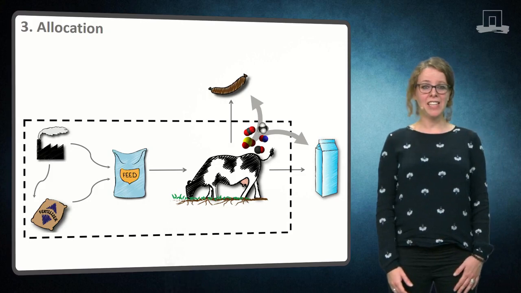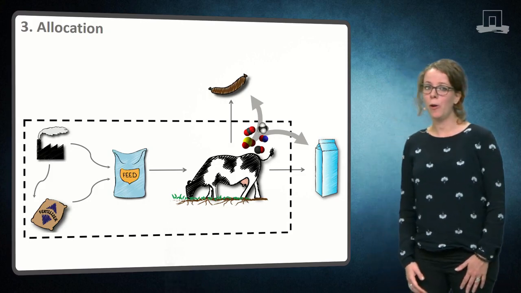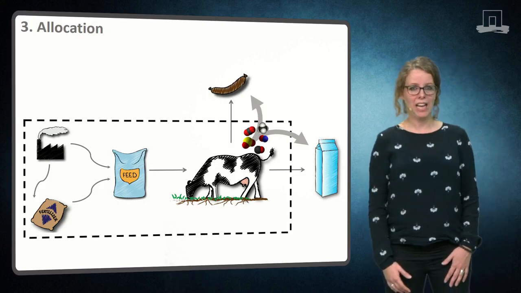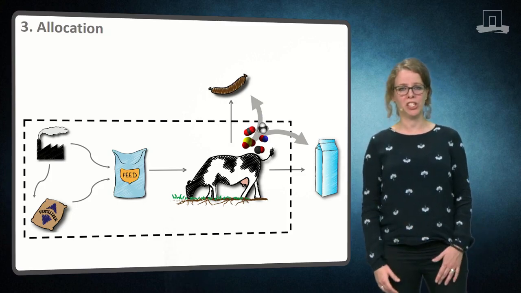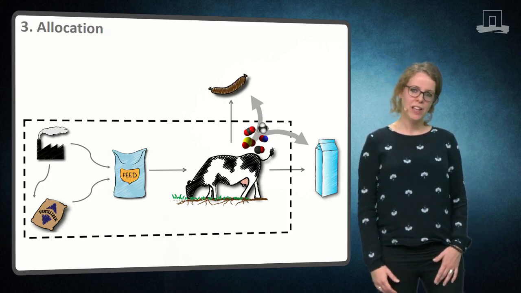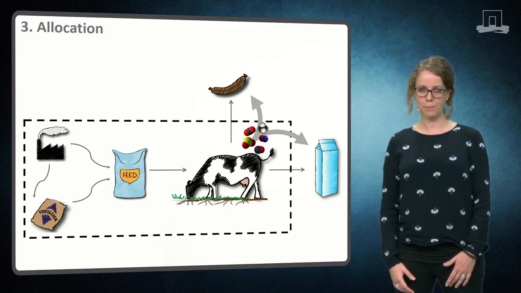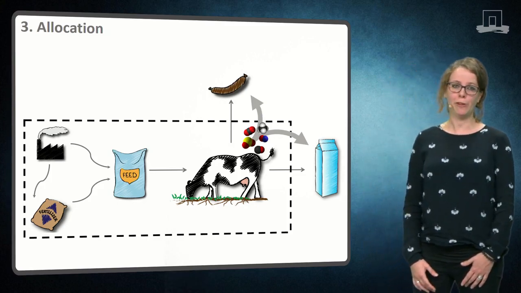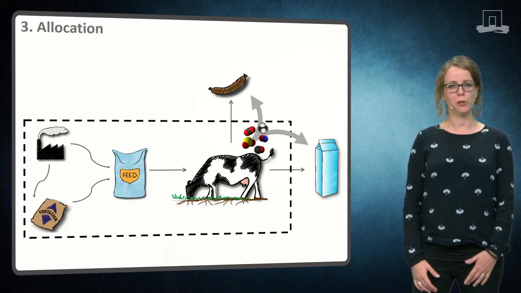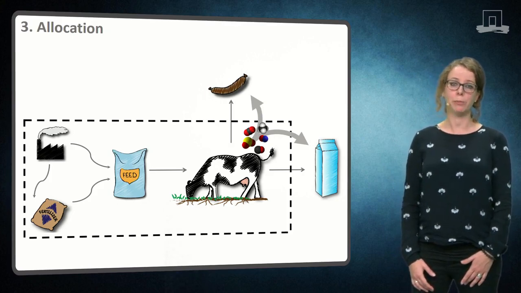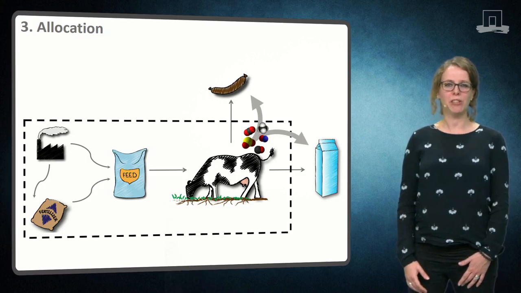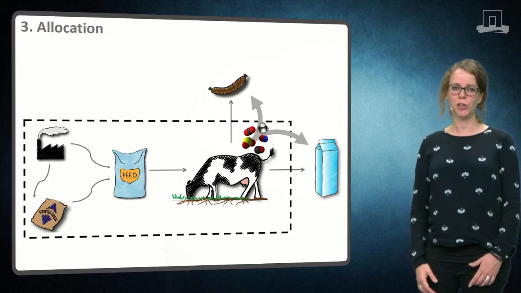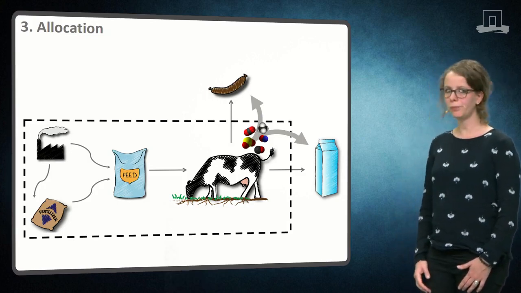If we allocate the in and outputs of the process cow based on economic allocation, we would calculate how much a farmer earns annually by selling milk and how much by selling meat. To do this, we first multiply the annual production volume of milk and meat with the price of each product. Subsequently, we determine the relative share of each product to this total revenue.